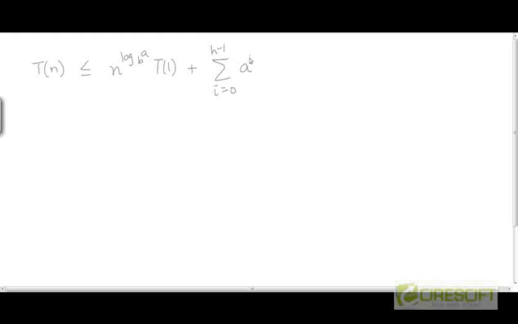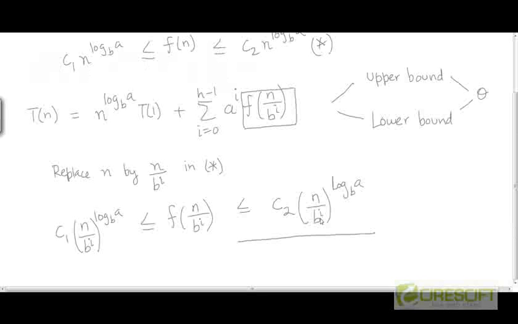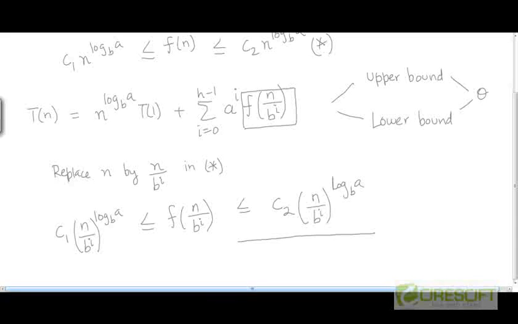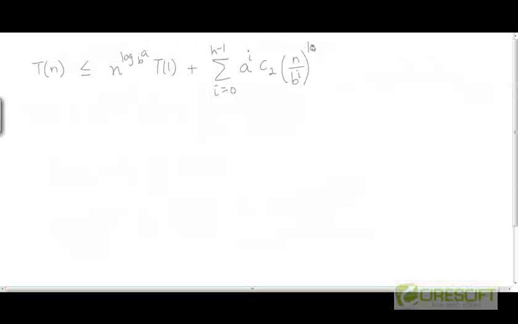So we have a to the power i as it is, but instead of f of n by b to the power i, we substitute the right hand side of this inequality, c2 times n by b to the power i, the whole thing raised to the power log of a base b.